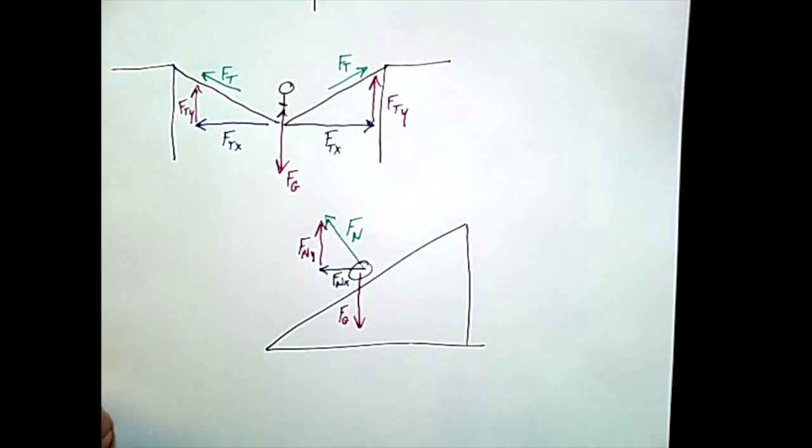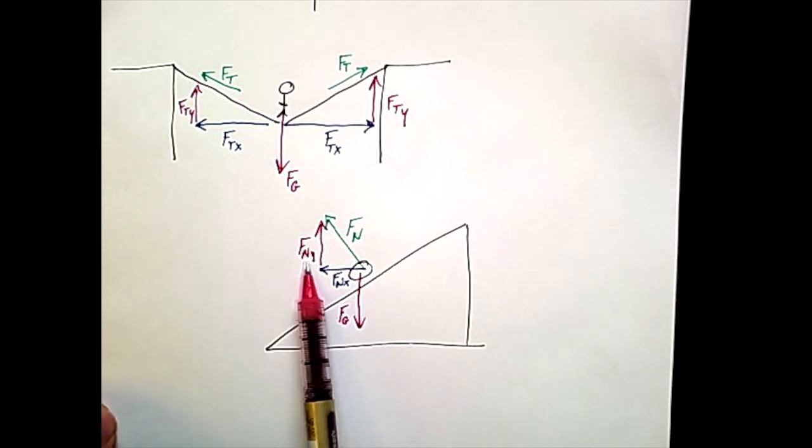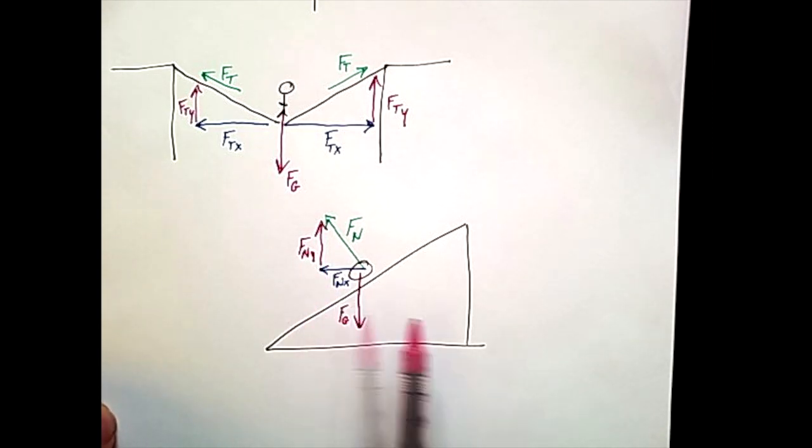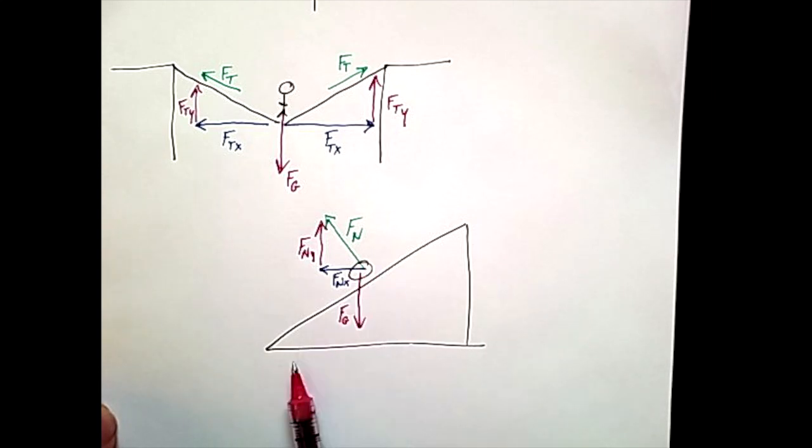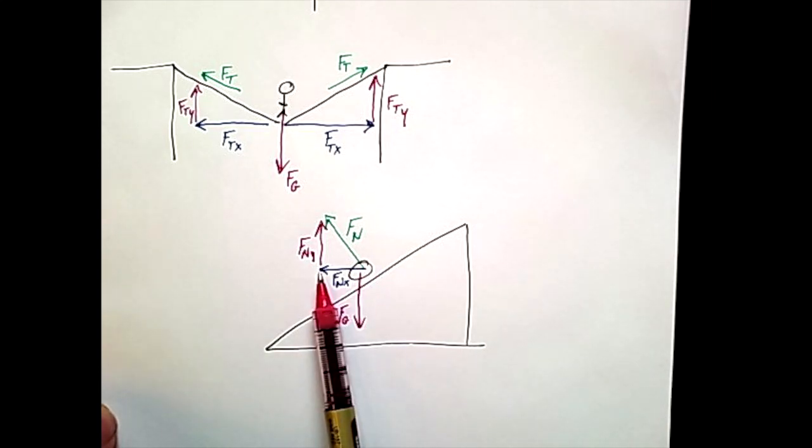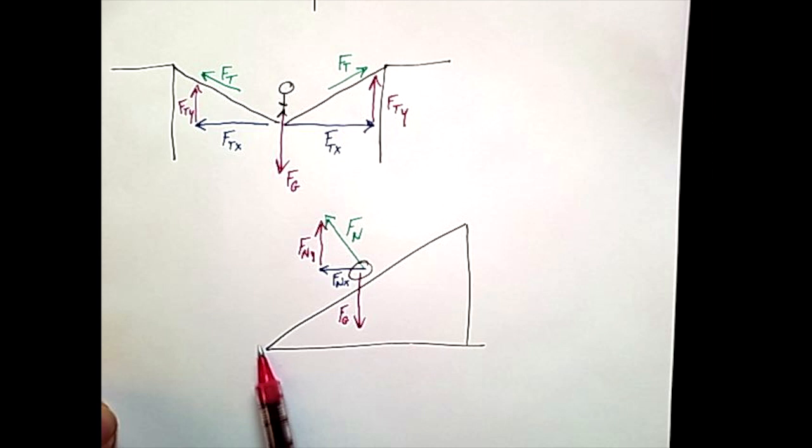And so there we see that F of n in the y direction and F of g are the actual opposition forces. And oftentimes it would make sense that this F of n y is not exactly the same as this, which is why the ball ends up going down while also being pulled over along the horizontal.